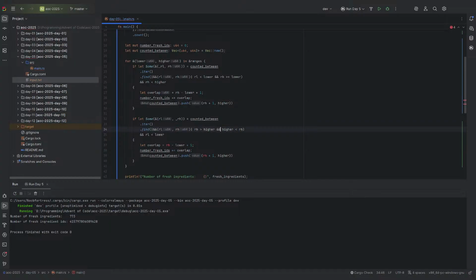I have a range where the lower bound, this does make sense. So now I have a range that is not contained, but where there is overlap.